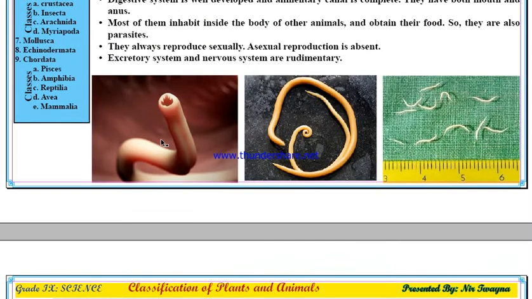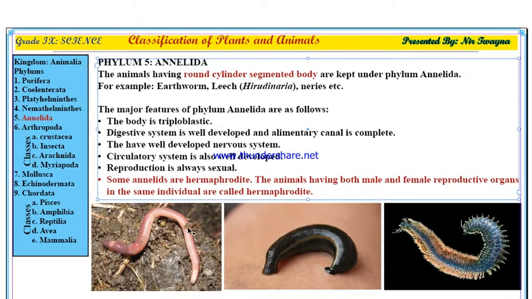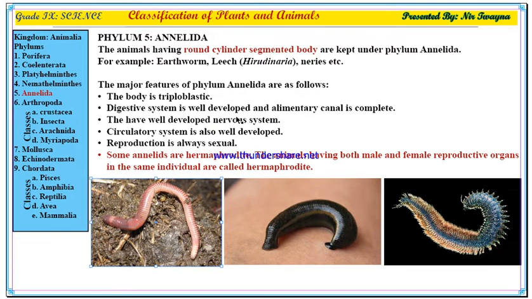Look, in case of Nemathelminthes, their body is not segmented. They have a round cylindrical body, but it is non-segmented. But in case of Annelida, their body is segmented. Some examples: earthworm, leech, nereis, etc.